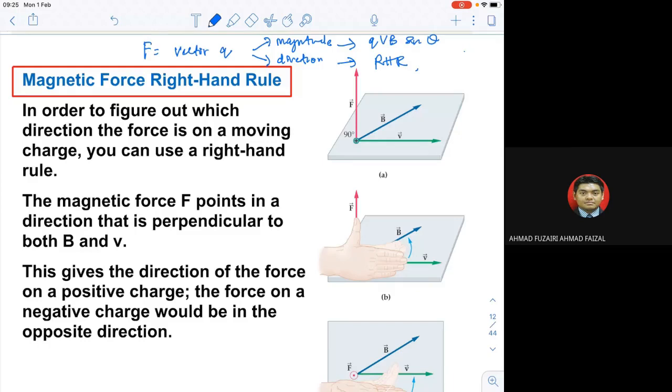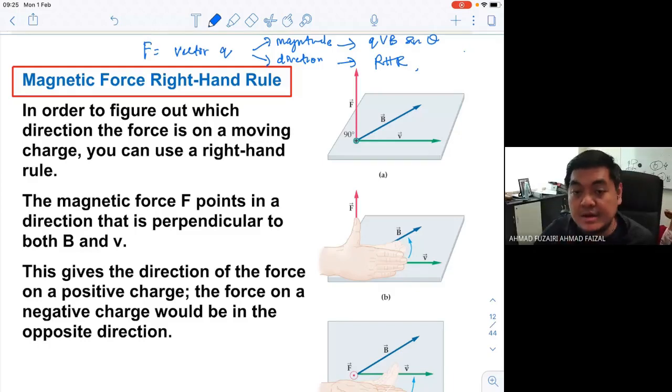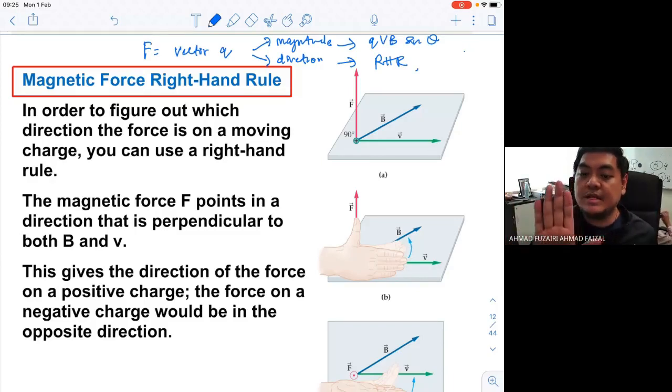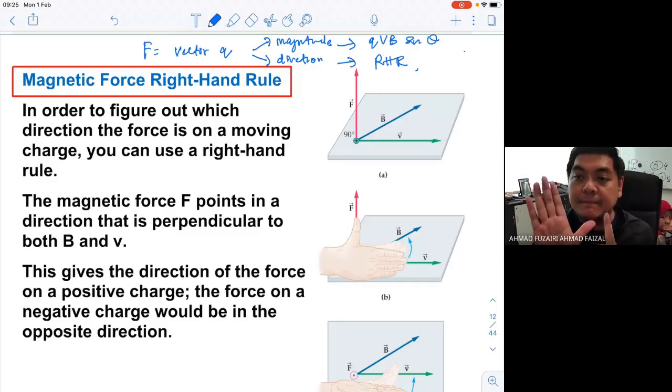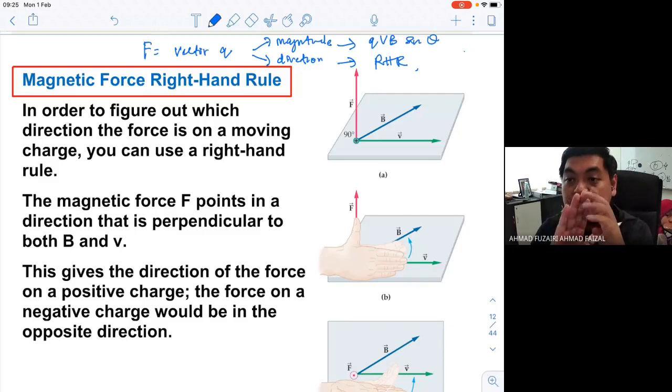I want all of you to look at me right now. Please use your right hand rule, meaning your right hand should be like this. Your thumb should be the direction of force, and your fingers should be the direction of velocity.